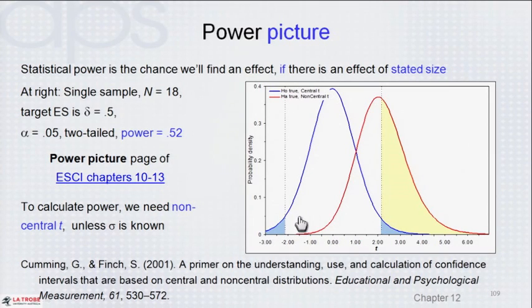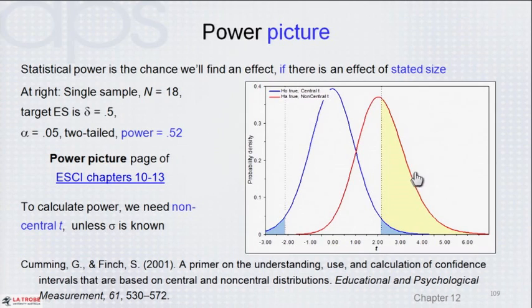This is the power diagram, the distribution of our test statistic when the null is true, and then when the alternative is true, and if this is the value corresponding to our target effect size, then yellow area, plus an invisible area down there, is the power.